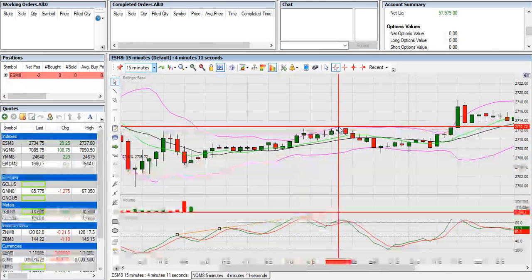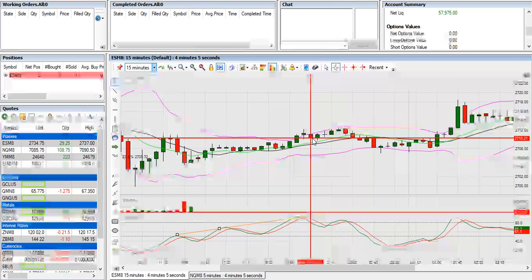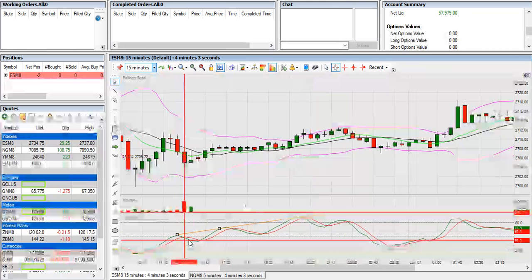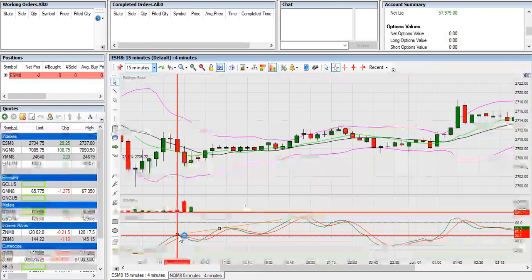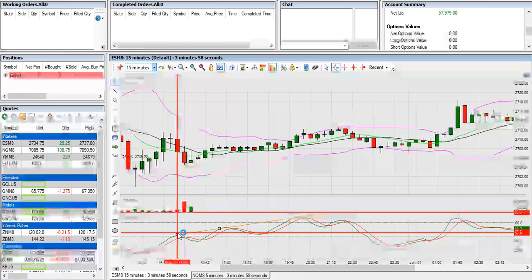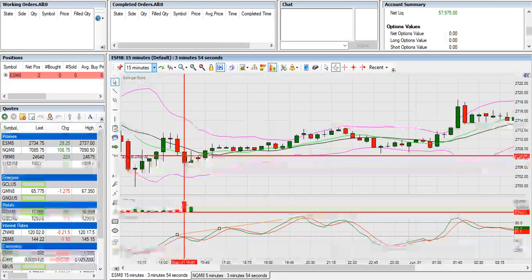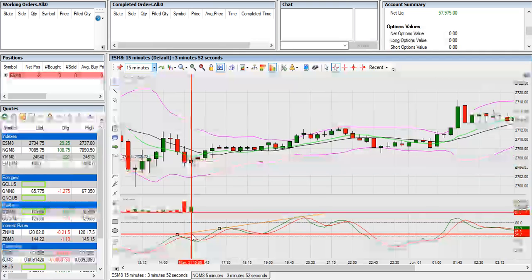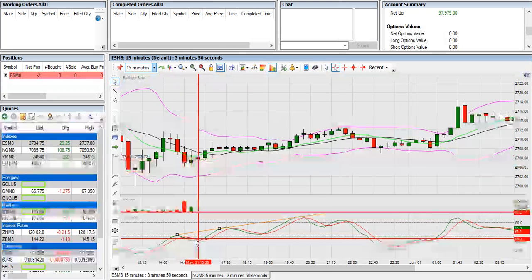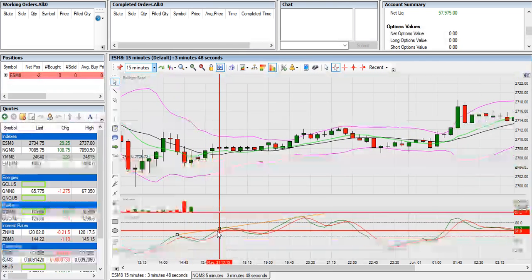So with momentum, it's kind of like a jet airplane taking off. You're standing still at the runway, and your momentum is going to start picking up. So as you can see here, at this point, my price is continuing to fall. My momentum does come down a little bit, but it picks up.